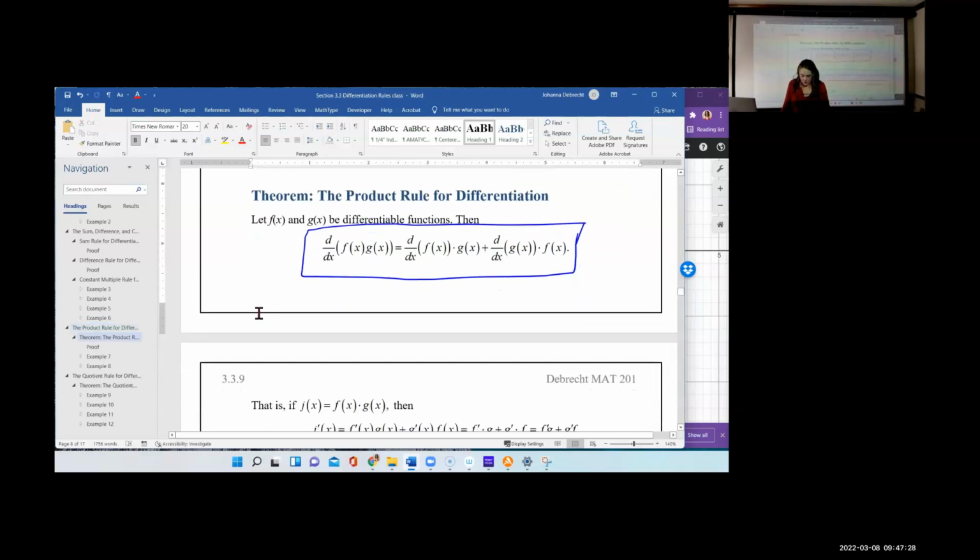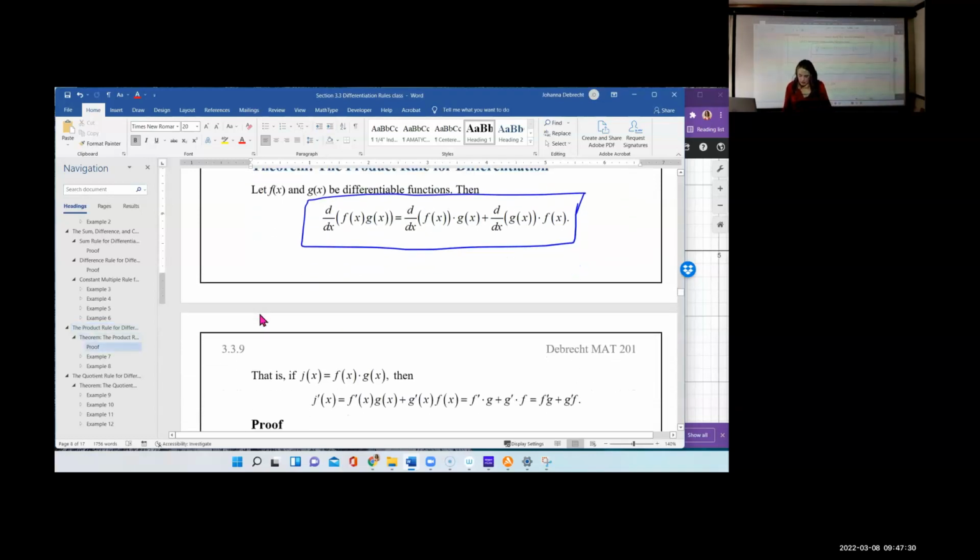Now, we sometimes write this in a different format, as f prime g plus g prime f. So when you have to take the derivative of a product, you apply the formula f prime g plus g prime f. Derivative of the first times the second plus derivative of the second times the first, right?